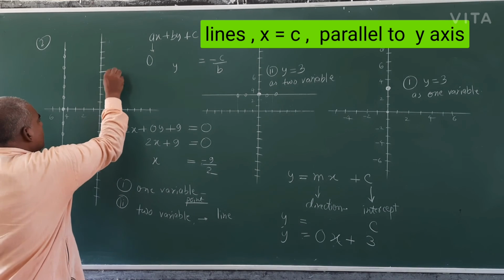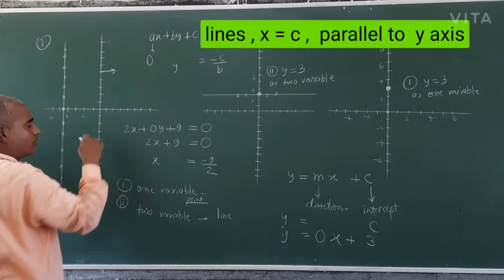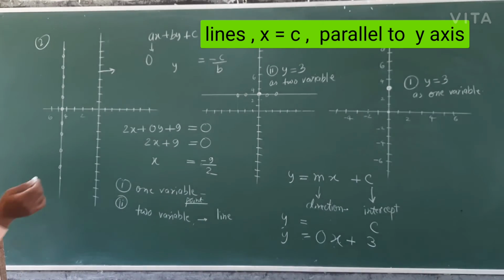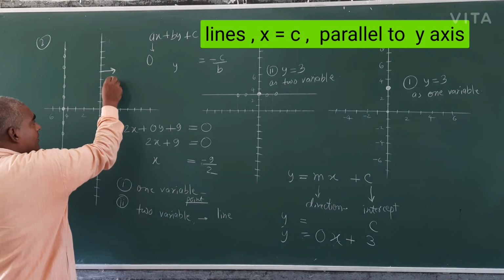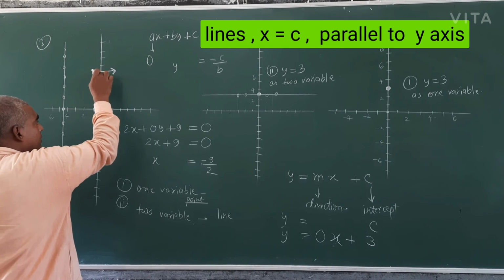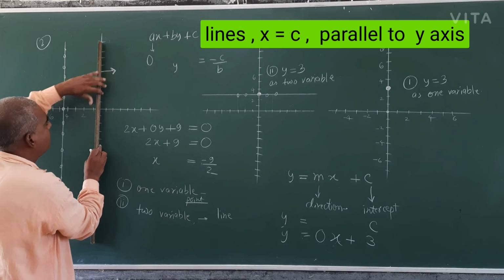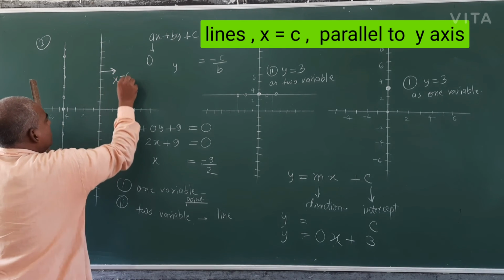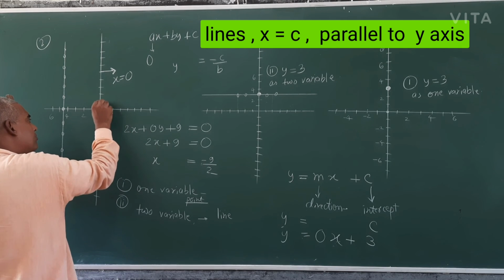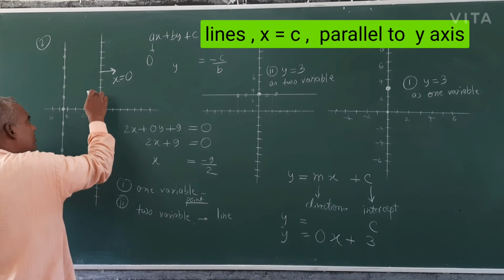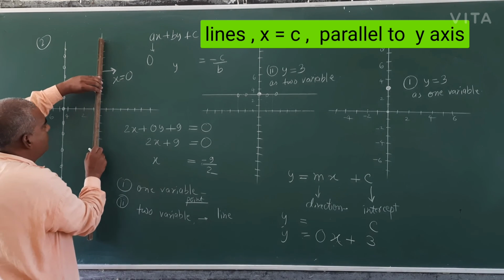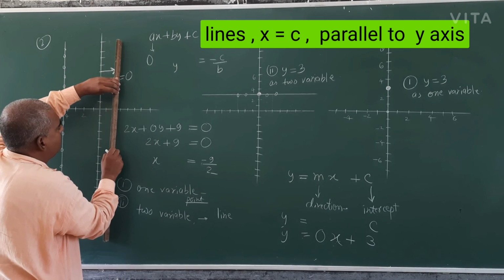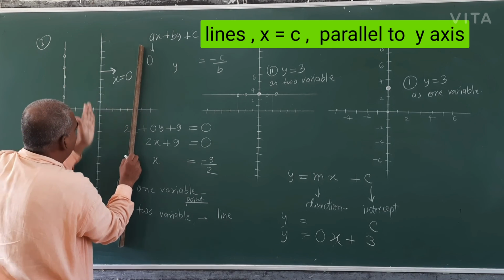This is what? x equal to 0. Yes, the equation of the y axis. It is not part of the question, the question is over. Only for teaching I am telling. The equation of the y axis may be asked. This is x equal to 0, means here x is fixed at 0, always. y may be 1, 2, 3, 4, but x equal to 0. x equal to 1, x equal to 2, these all lines are parallel to the y axis.